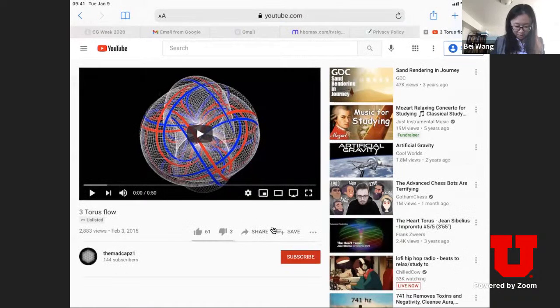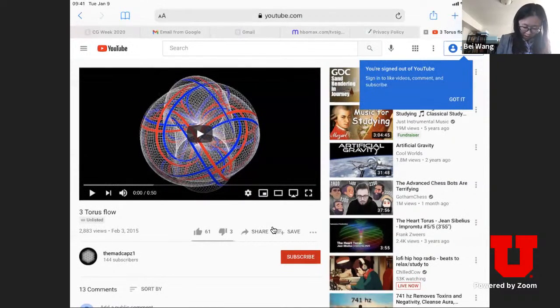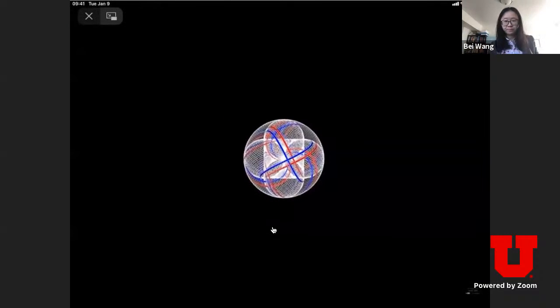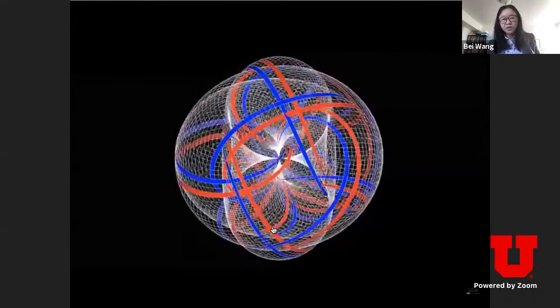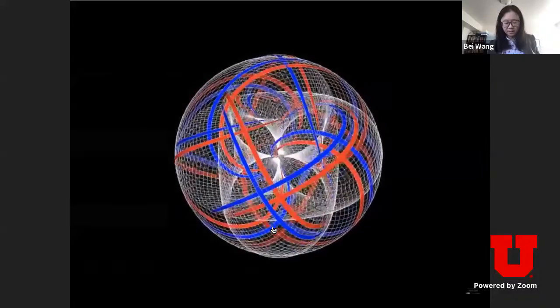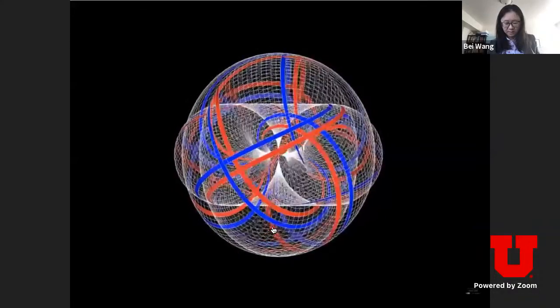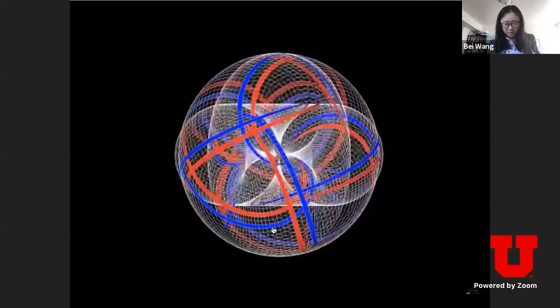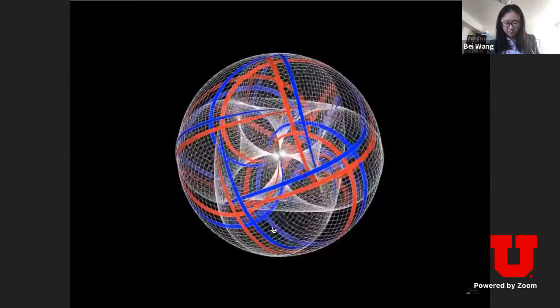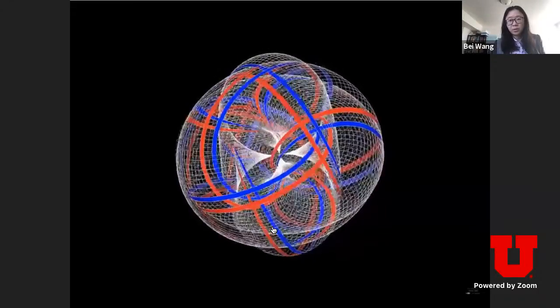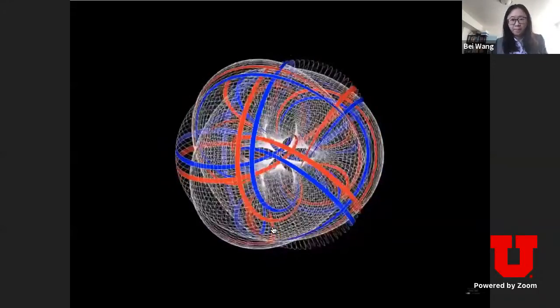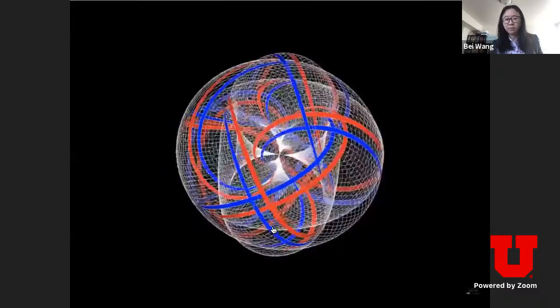Okay, so this is a visualization of what a flow in a 3 torus looks like. The edges are basically showing how things are connected. The reason I want to show you this video is, remember I said the 3 torus has 1 component, but it has 3 loops, and it also has 3 voids.